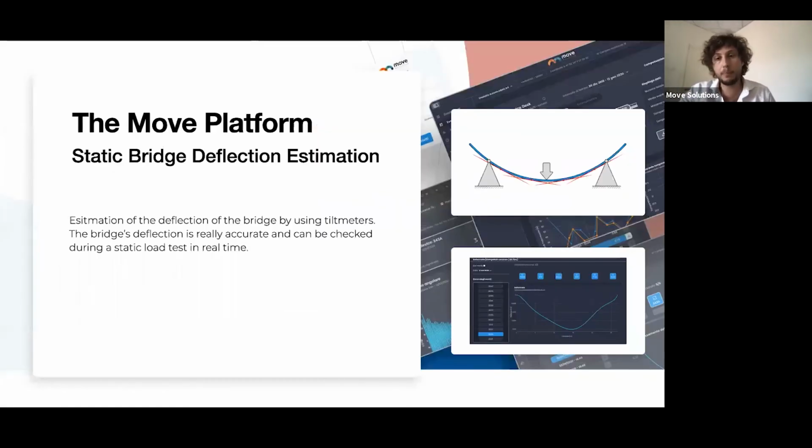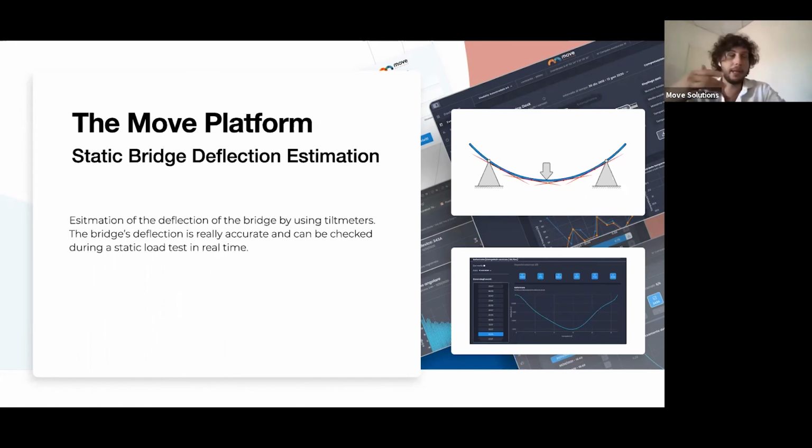So the bridge static deflection tool automatically gives you the response of this deflection captured from the tilts, basically in real time. What real time means is that when you receive the data from the tilts, it plots the deflection right away, so it's completely automatic.